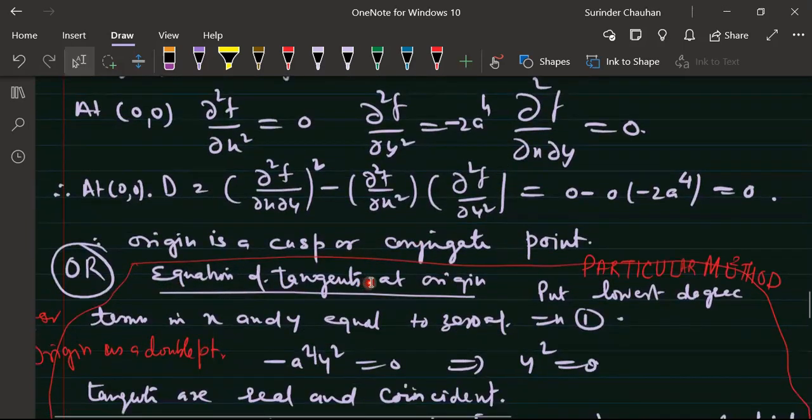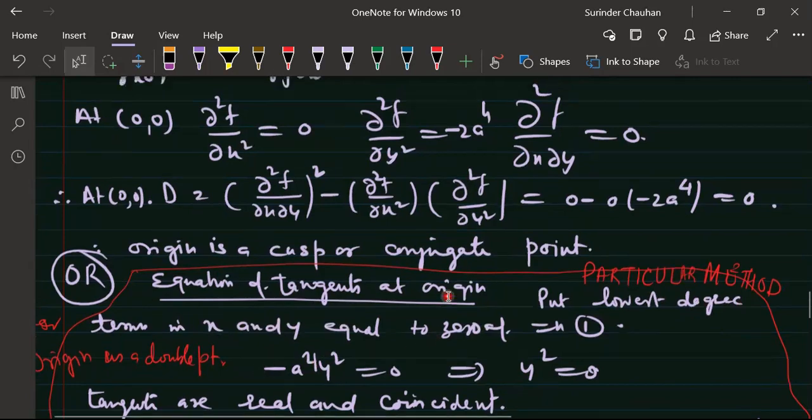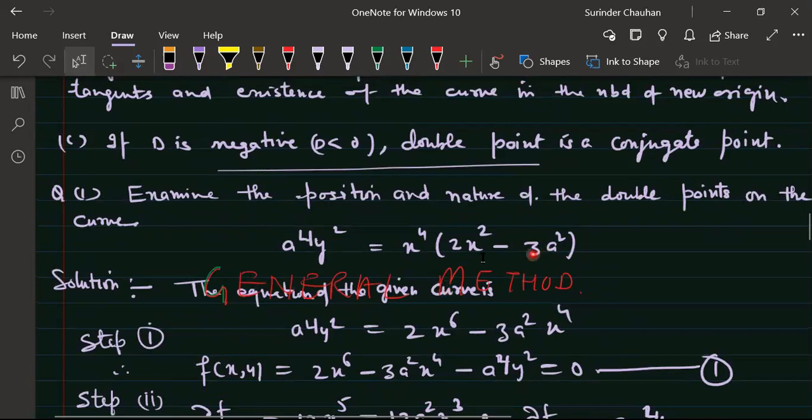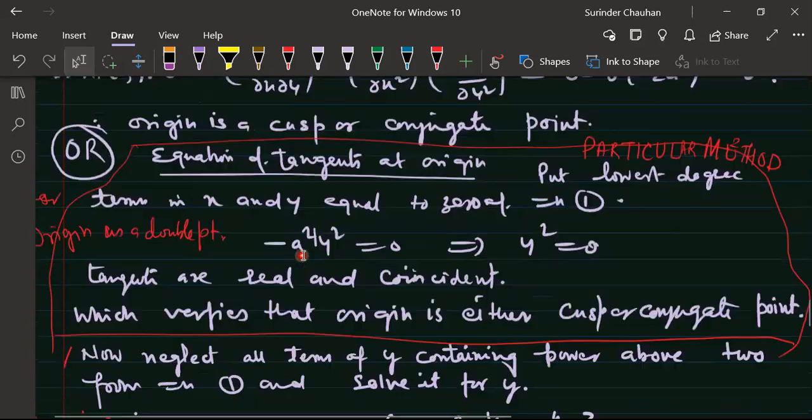Equating to 0 the lowest degree term in x and y. So what is the lowest degree term here? The lowest degree term is y squared; the others are a constant, of degree 4, and degree 6, and the lowest is this. So lowest is y squared.